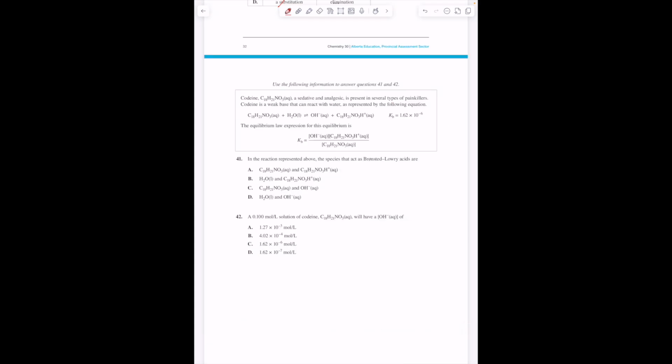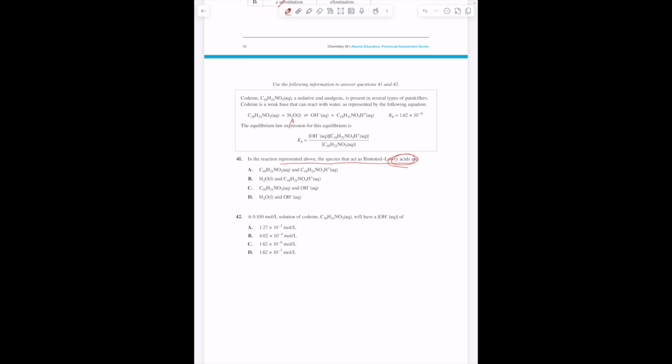Okay, what's going on here? In the reaction above, Bronsted-Lowry acids are. Okay, well that should be easy. So I can see that water is becoming OH negative, so water is throwing away its H. So that's the acid. So water is acid.